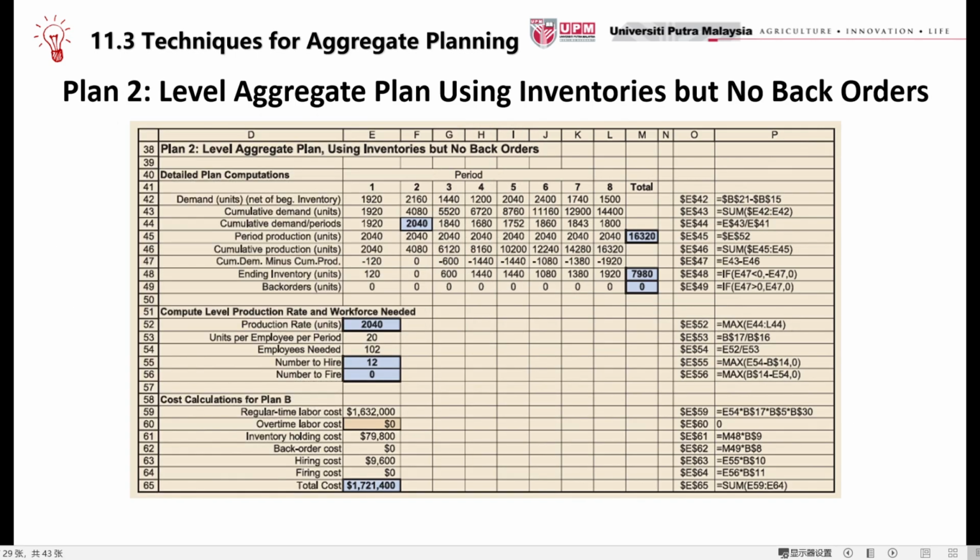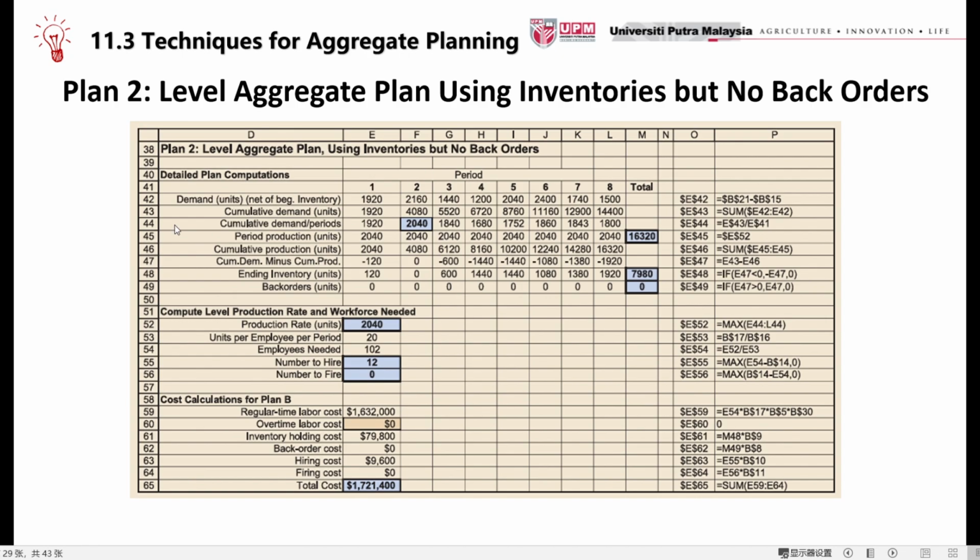Plan 2 tries to improve on plan 1 and avoid back orders. It still uses level aggregate planning. In this plan, look at this line: you can see he adds the cumulative demand to analyze. If the production capacity is greater than the maximum cumulative demand, that will avoid back orders.